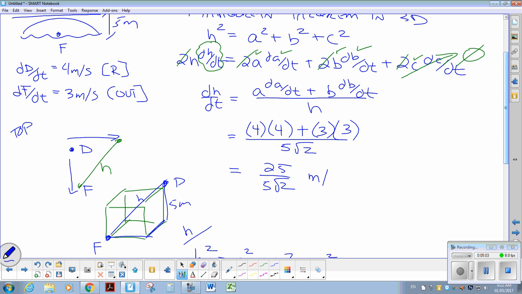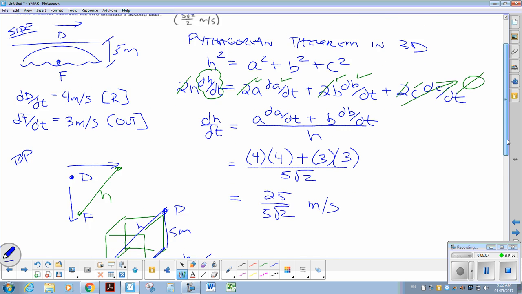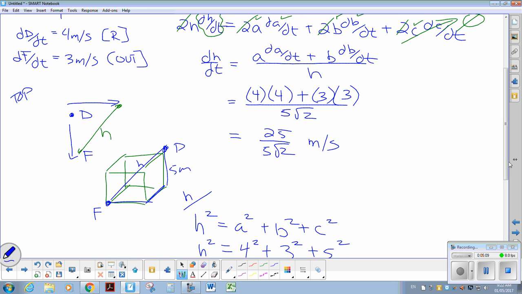At this point, in terms of my calculus course, you're going to get your full marks. Reducing it though, we would get 5 over root 2. And in the pure math world, you can't leave it in that form. So that means your final answer to match up with what they have is 5 root 2 over 2 meters per second.